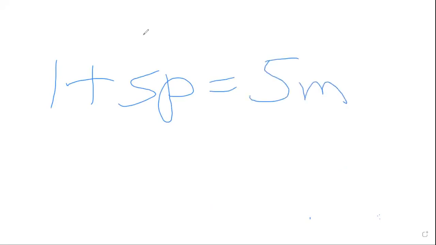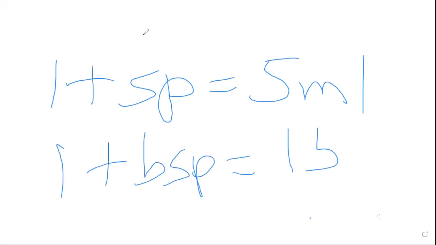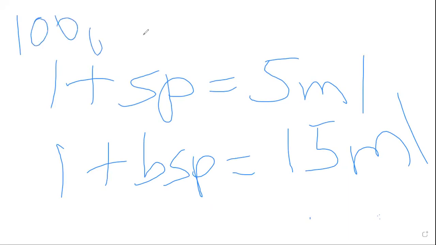You want to know that 1 teaspoon equals 5 mLs. 1 tablespoon equals 15 mLs. So if you had 1,000 mLs and you wanted to know how many teaspoons were in it, you would divide it by 5.